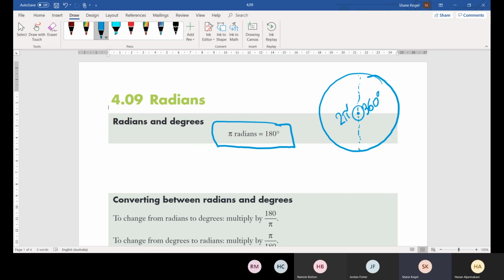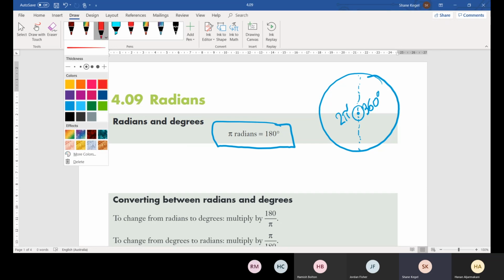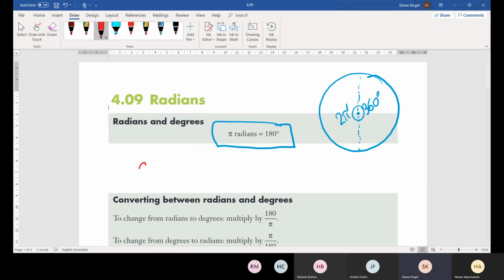So naturally, 2 pi radians is the same as 360. So I could evaluate something like half a pi radian, which would be equal to half of 1 pi radian, which equals 180. So half a pi radian would equal 90 degrees. And we'll have a look at that a bit more further on.